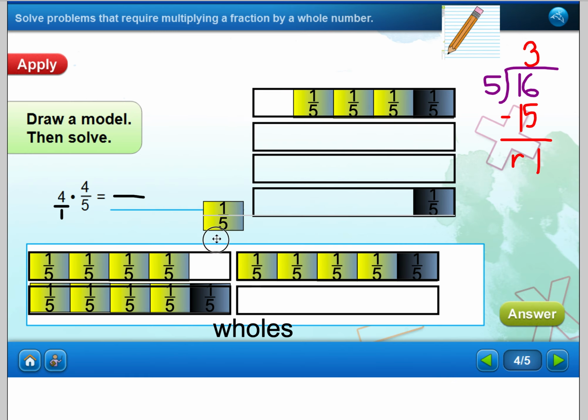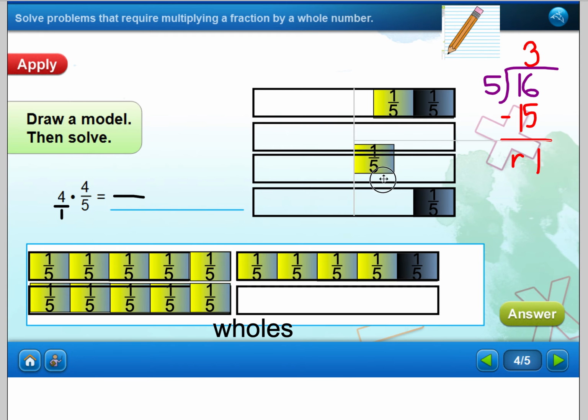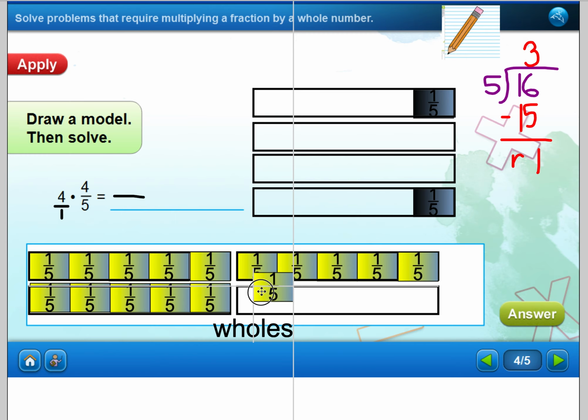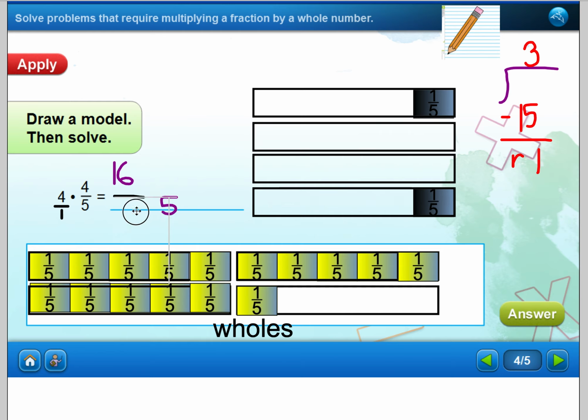There's a whole, there's a second whole, because all fifths are filled. There's a third whole, and what do we have left over? Right, just one. So we have 3 wholes and a fifth. So when we multiply 4 wholes by 4 fifths, our answer is 16 fifths, but it's also 3 1/5.